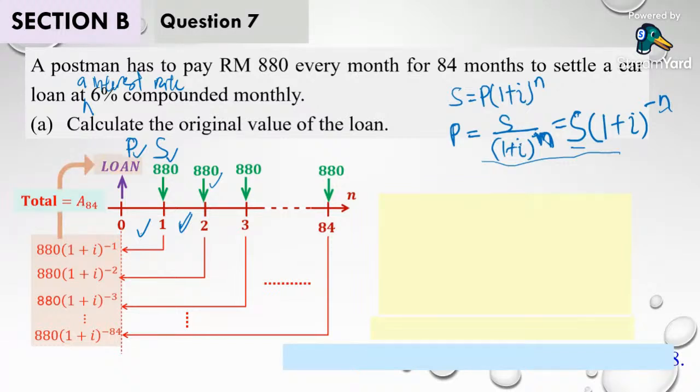And in our formula, it is the present value annuity A_84. If you ever wonder how the formula of A_n is obtained, it is based on geometric progressions, where I consider this as T1, T2, and so on until T84, and I have found that my common ratio is (1 plus i) to the power of minus 1.